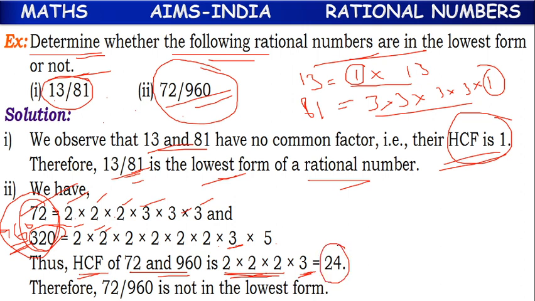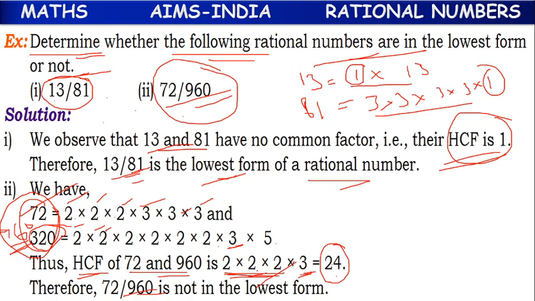Their product is 24. 24 is the common factor. So now this 72 by 960 is not in the lowest form because they have other common factors other than 1; their HCF is 24, not 1.